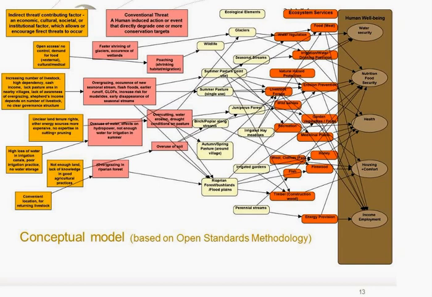I will not go into detail with this. It looks very complicated, but the conceptual model just shows us that if a certain change happens to the system, what this means for the livelihood, but it goes via the natural system.